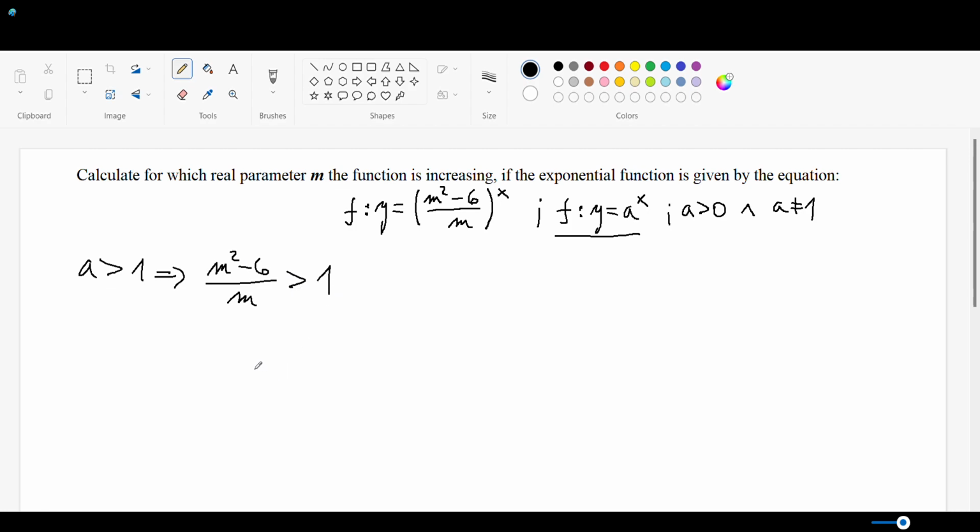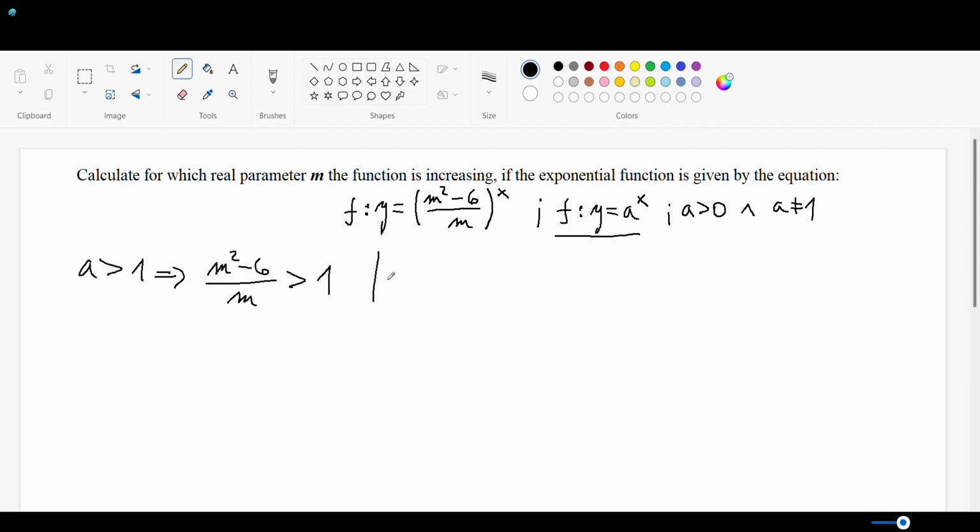These are all the information and skills you already have to solve this task, because the main idea is that the function is increasing if a is greater than 1, and then it leads to the quadratic inequality which we were solving before, but I'm going to solve it for you now.